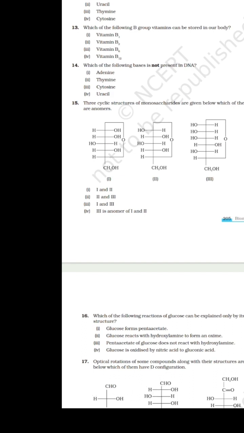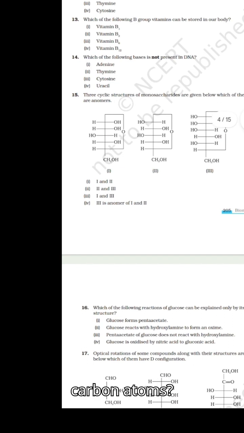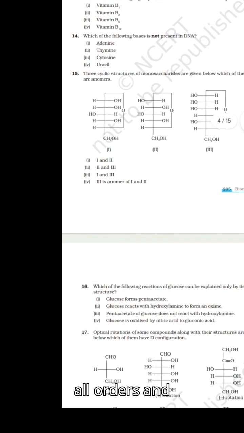These three given options are hexoses because they contain six carbon atoms. Hexoses may again be of two types: aldoses and ketoses.